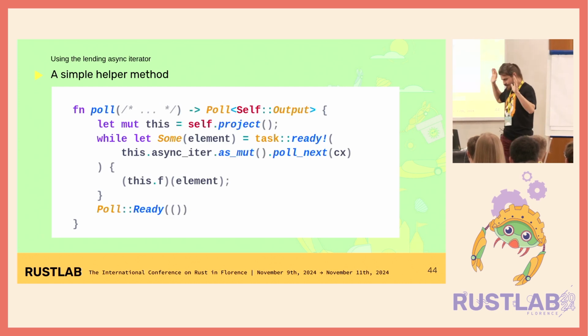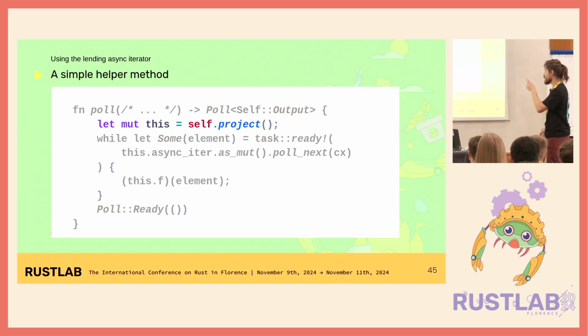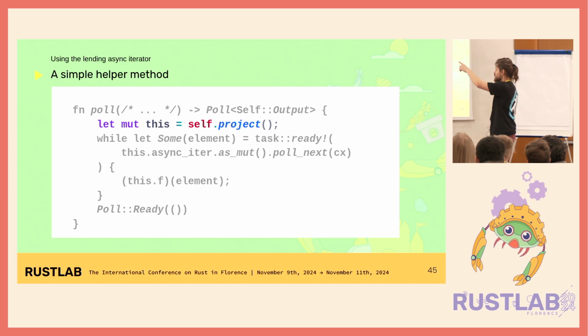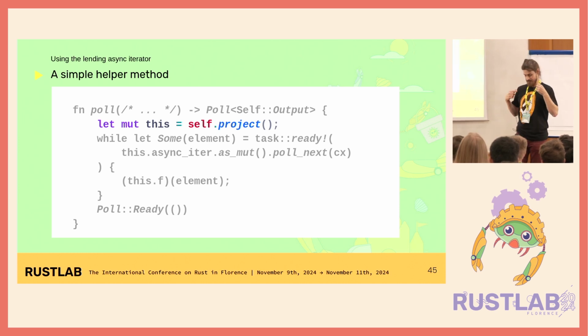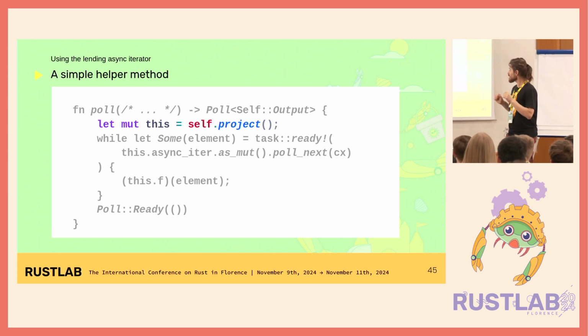This is the simple implementation of poll. Let's try to analyze it. We are going to use the self project method, just like before, OK? This is a structure, as before, with a mutable reference to f and a pinned mutable reference to the async iter.